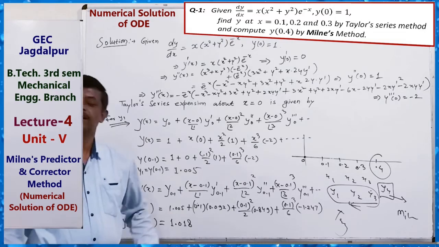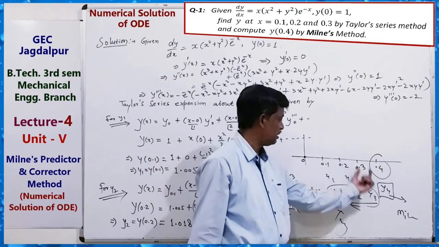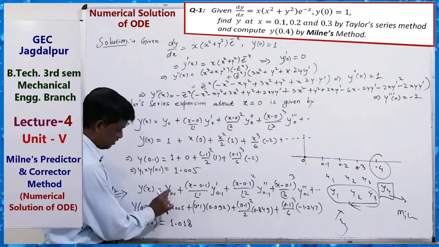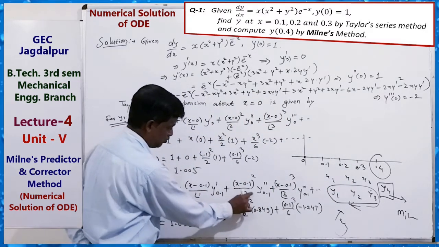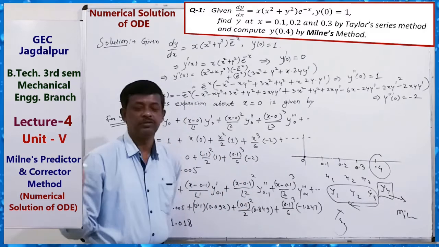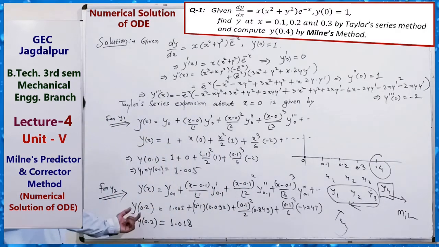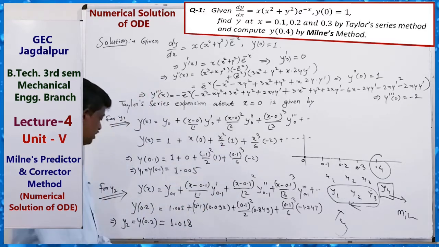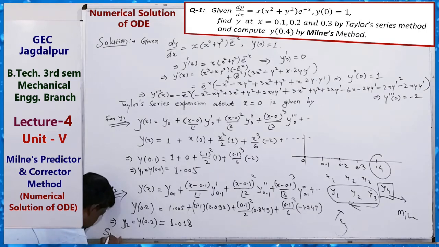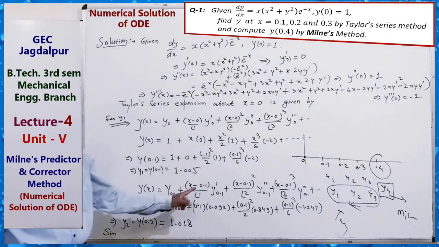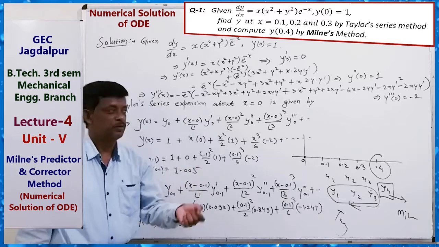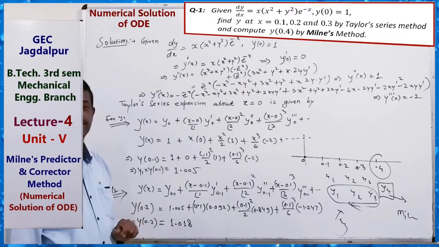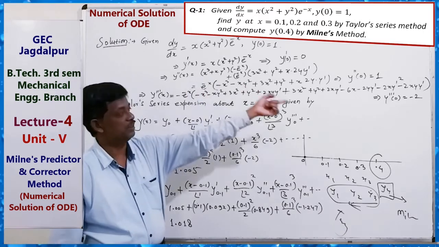Clear? That is y2. Now, in a similar process, we can get y3 by taking 0.2 in place of 0.1 here. Then 0.3, that means you can also write the formula. Now similarly, just calculate it. Just here take 0.2 in place of 0.1. For 0.2 you can get all the values of y and all the derivatives.